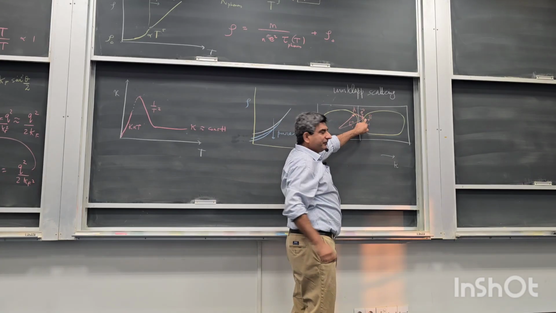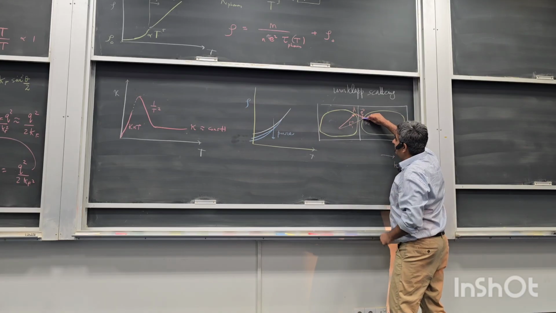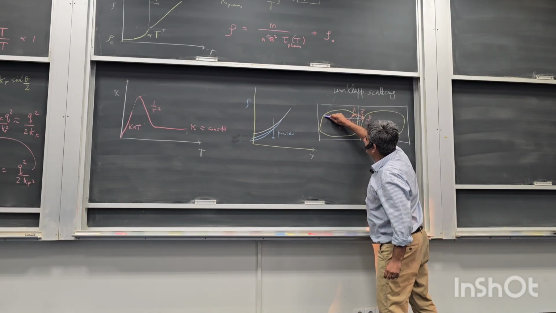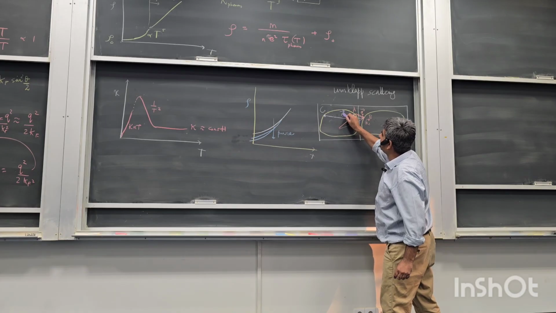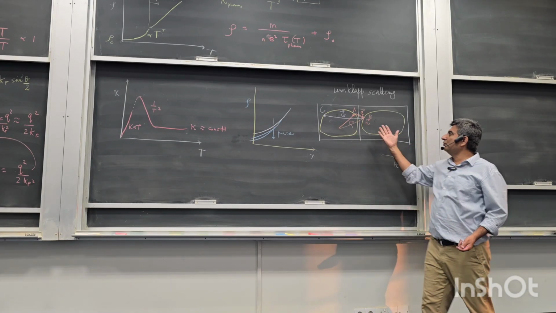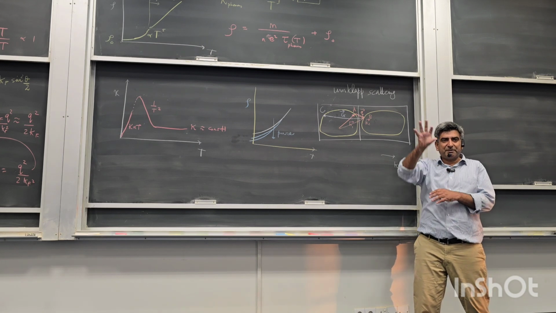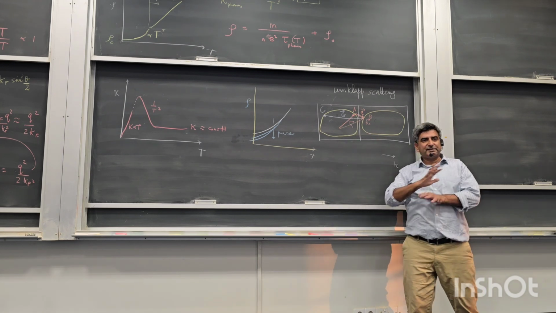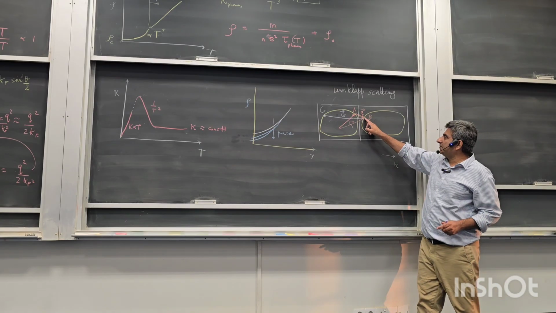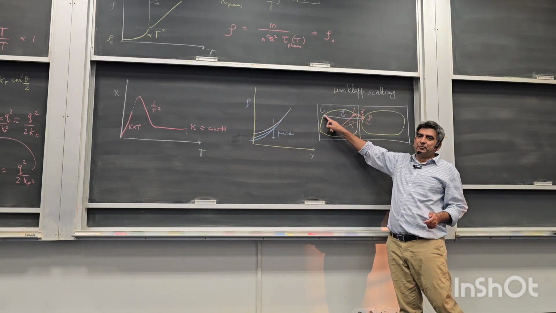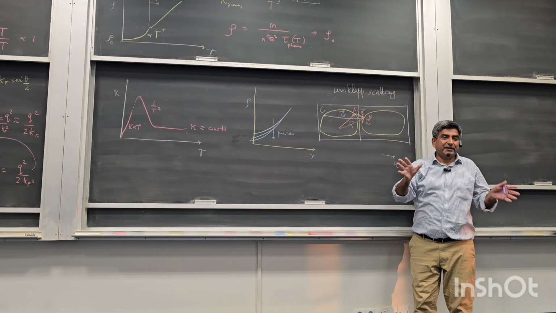This point B is totally equivalent to a point C inside the first Brillouin zone, where this is a reciprocal lattice vector. So I can move inside the K space and change my position by reciprocal lattice vectors and still arrive at the same point. So this point B is totally equivalent to the point C. Both of them are invariant points.